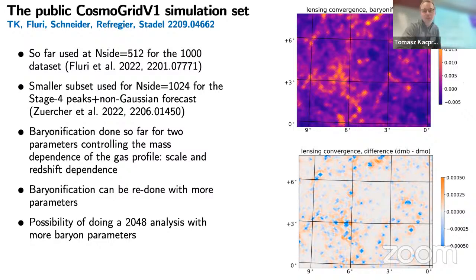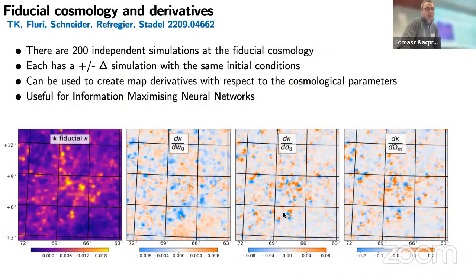Okay, I'm running a little bit out of time, so maybe I'll move on. I mentioned that already: we have this fiducial model plus and minus derivatives for all the parameters that we have in our grid. One can do it also for baryons.